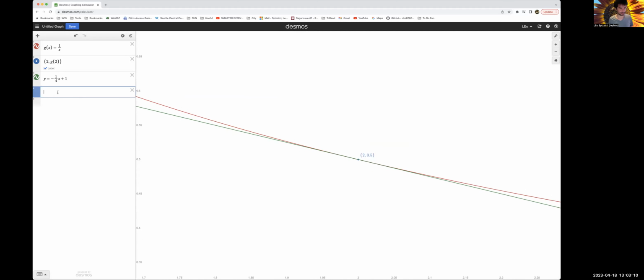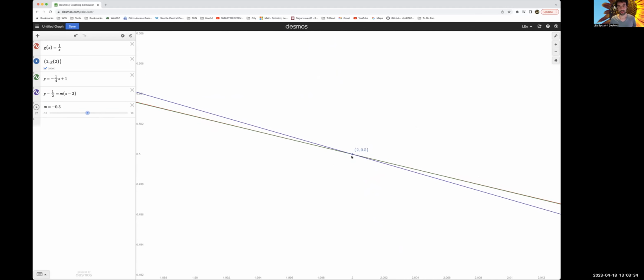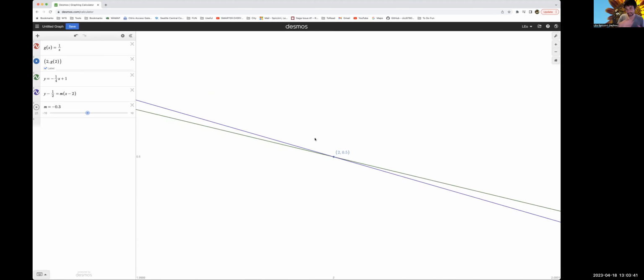Let's compare that to something like this. So here's a line through that same point. Let's give it a variable slope and we'll change it. Right, so here, by changing the slope, I'm looking at all the other lines through that point that have all these different slopes. And any other one I choose, when I zoom in, right, does not do what that green line does. It doesn't matter how close I get, it's going in a different direction there.